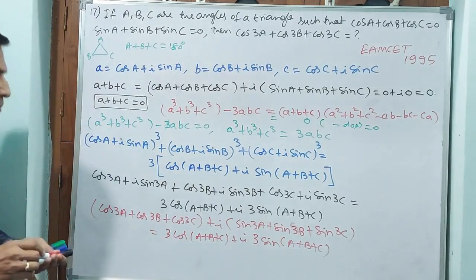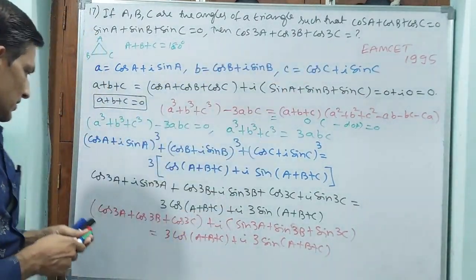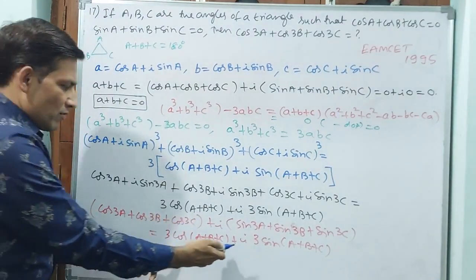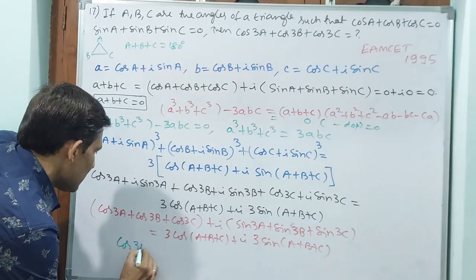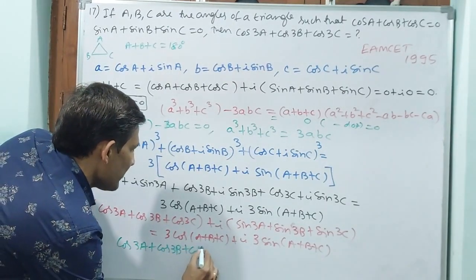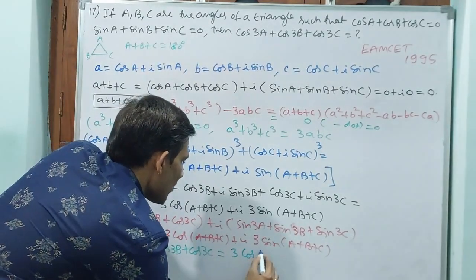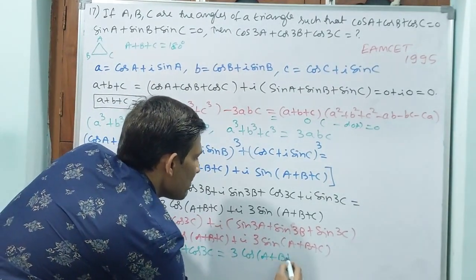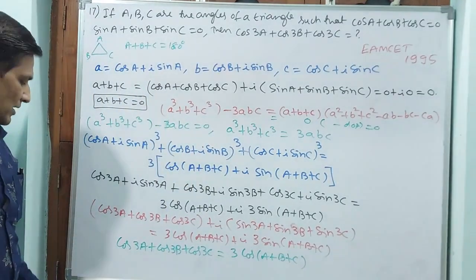Now go back to the question. They are asking cos 3A plus cos 3B plus cos 3C. This real part equals this real part. That's all. Shall I write like this? Cos 3A plus cos 3B plus cos 3C is equal to 3 times cos (A plus B plus C). This is the answer for this question.